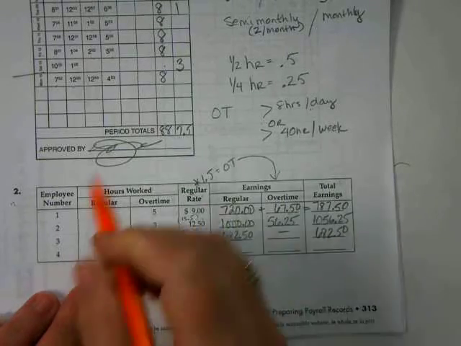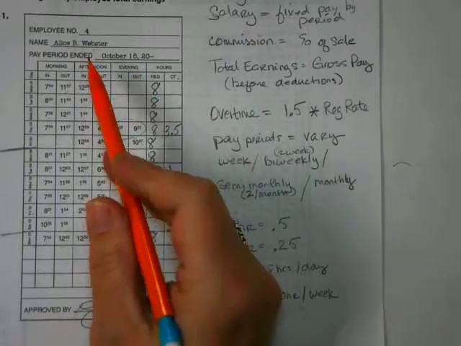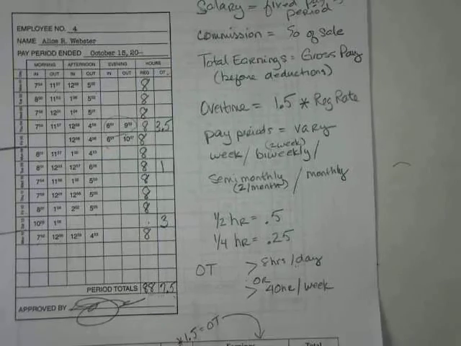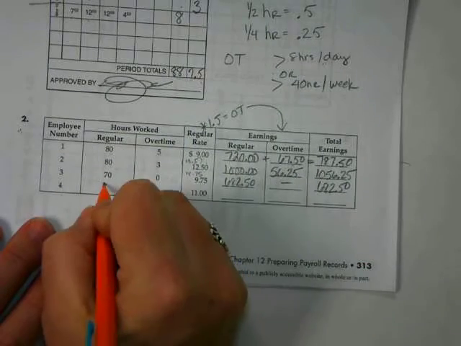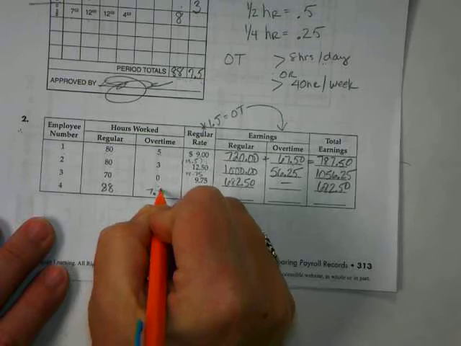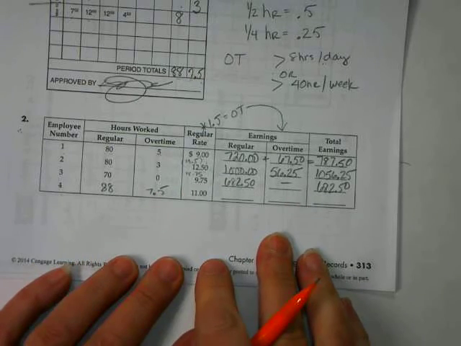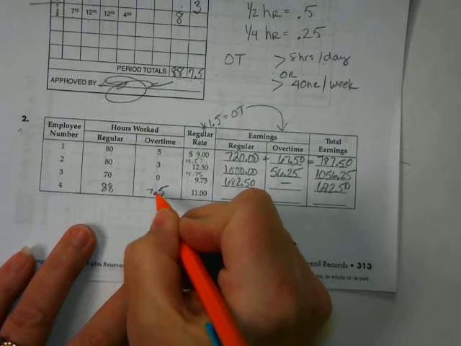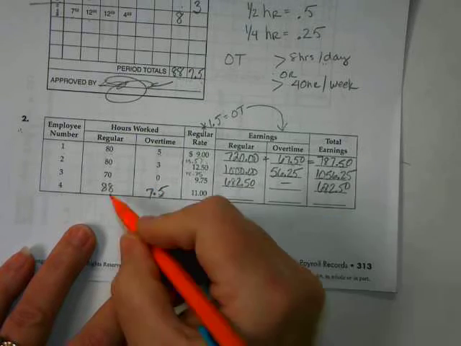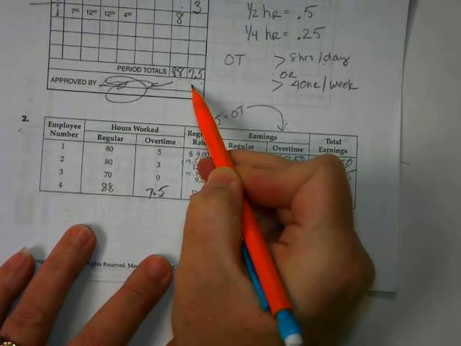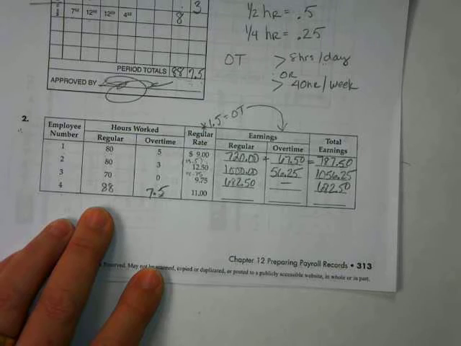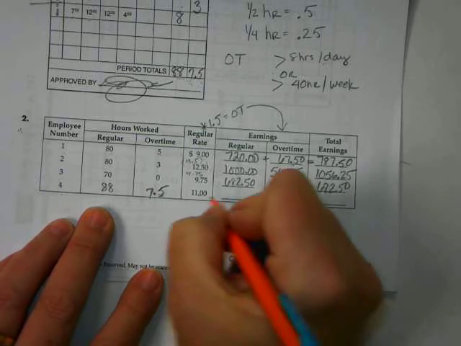And then employee 4, Alice Webster. So we know she's got 88 regular hours and 7.5 overtime hours. We'll fill that in and then calculate it. The first one's 88, and that came from right here. Okay, she makes $11 an hour. So 88 times 11 is $968.